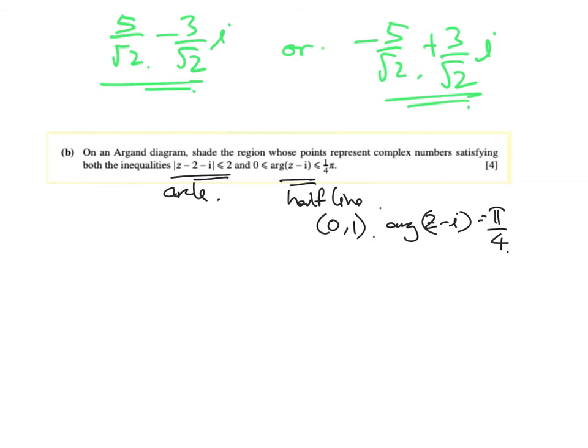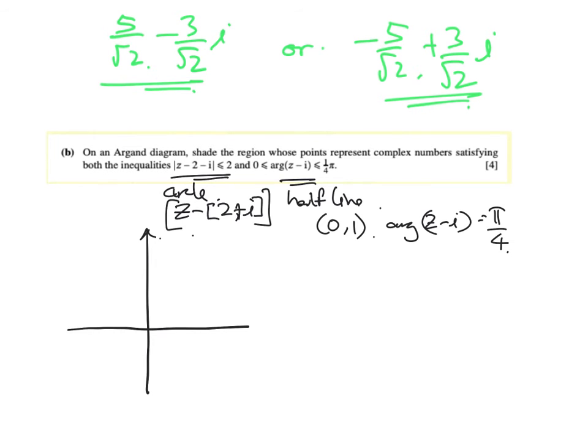Okay, so let's sketch the diagram. So you have an Argand diagram. Okay, circle, what is the coordinate of the circle? So negative 2 minus i. Make sure that we change it to this form, z minus z1.